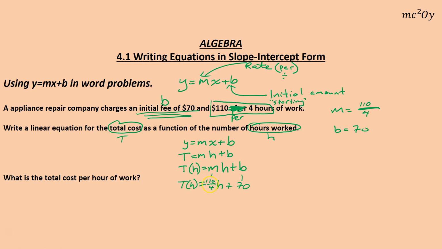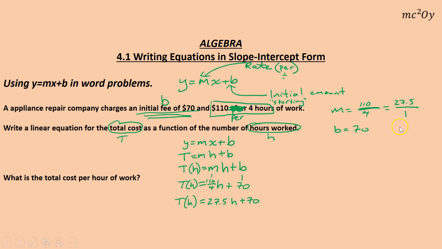Some of you may ask, can I divide those? Yeah, you could. 110 divided by 4 is 27.5. So you could say T of H is equal to 27.5 H plus 70.